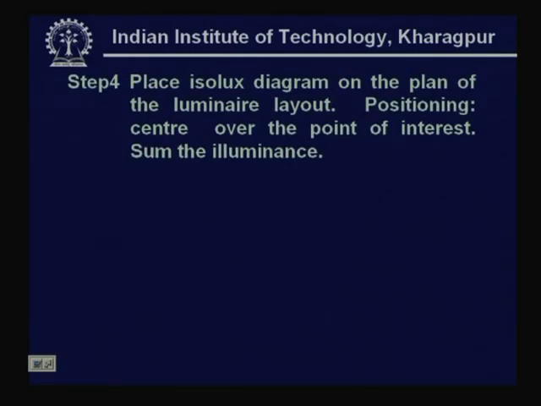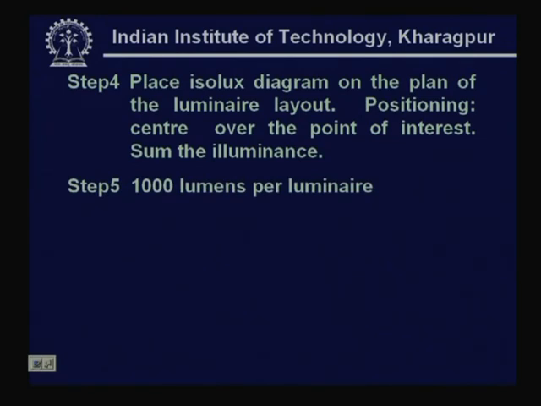Then place the Isolux diagram on the plan of the luminaire layout. Where do you place the center? Place the center at the point of interest, that is wherever you are interested in arriving at the illuminance. So, take the Isolux diagram for the lamp in question and place the center of that Isolux diagram at the point where you are interested.